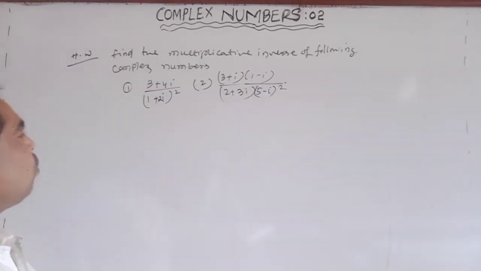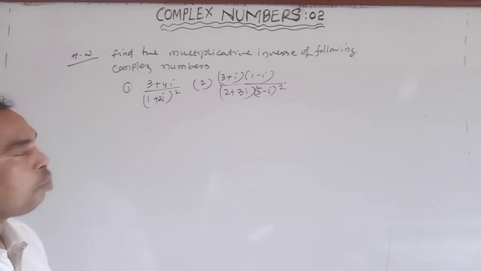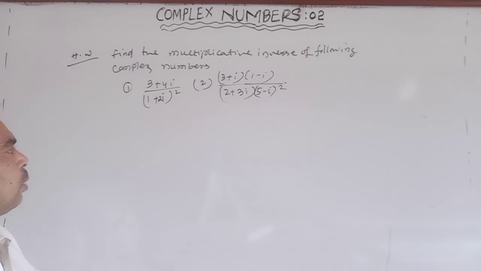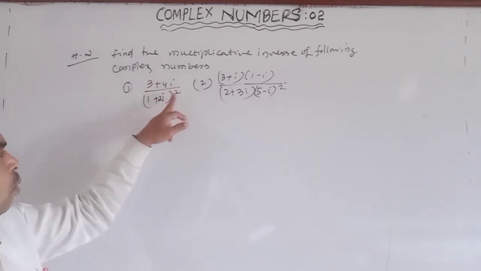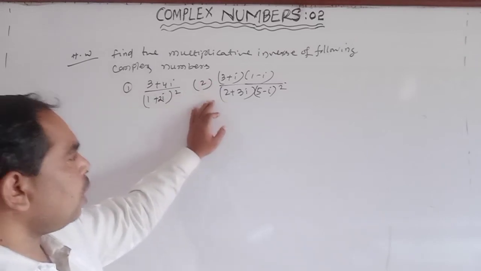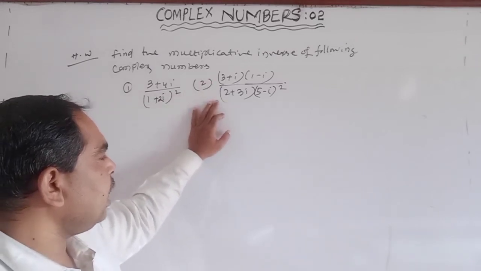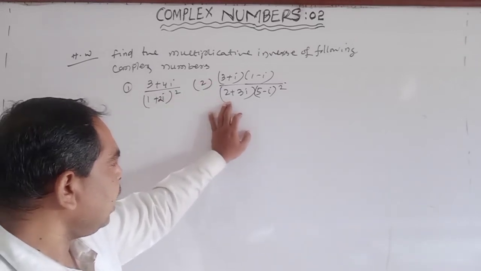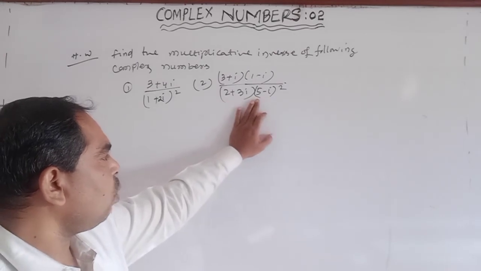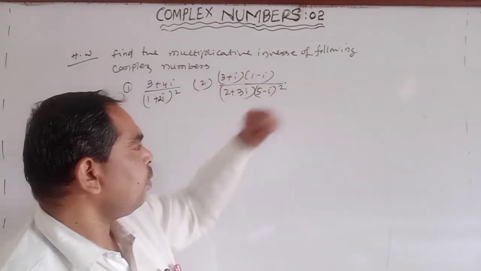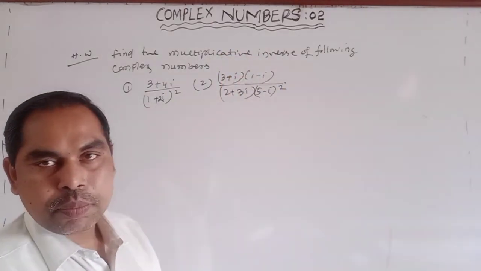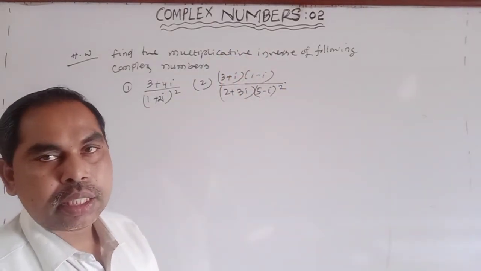These are the homeworks. Find the multiplicative inverse of the following complex numbers: 3 plus 4i divided by (1 plus 2i) whole square, and (3 plus i) into (1 minus i) divided by (2 plus 3i) into (5 minus i) whole square. First take this as z, then simplify.